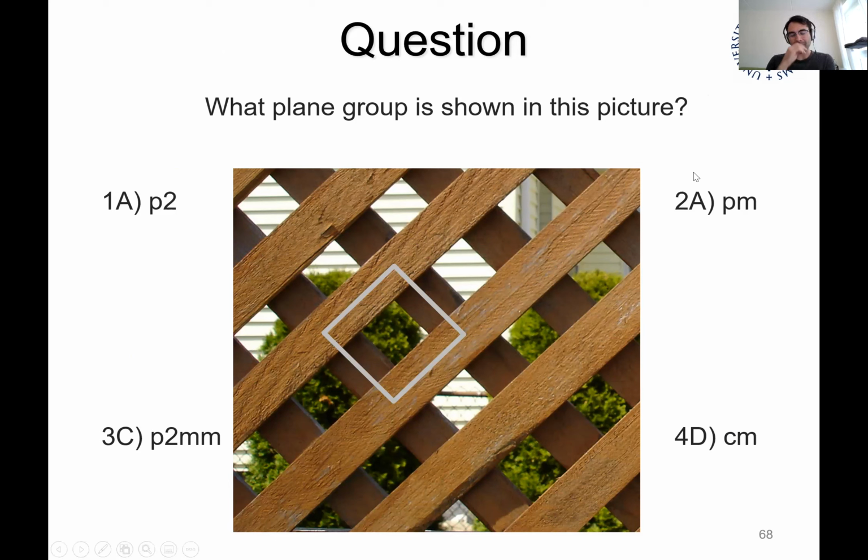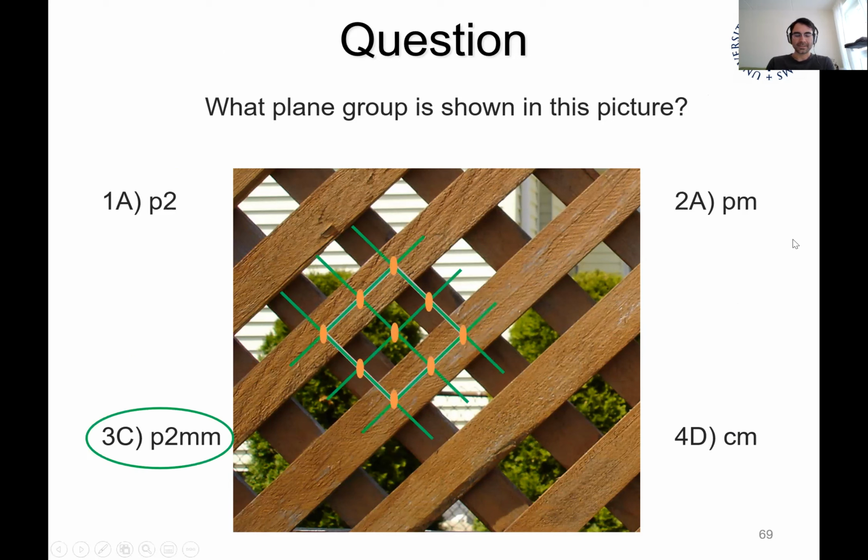And maybe I can help with the explaining because I can draw on this page. But that's absolutely correct. So it's P2mm. In orange, I've drawn all of the 2-fold rotation axes, and the green lines are all of the mirror planes.